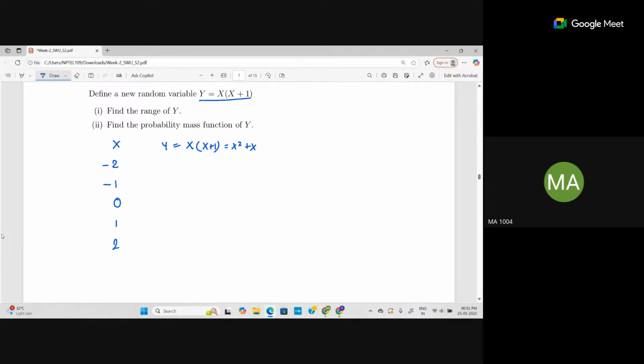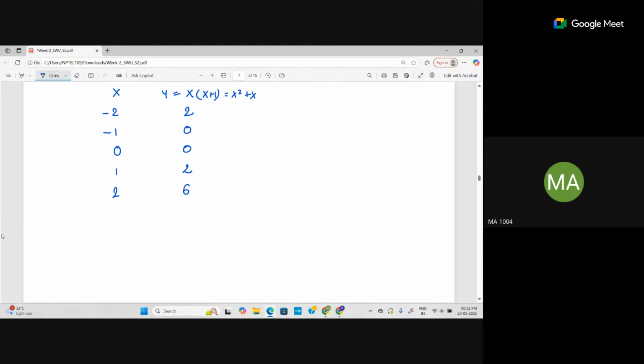So it will be 4 minus 2, which is 2. Then this will be 0, 0, 2, 6. Right? So from here you can see the range of y, that will be 0, 2, and 6.